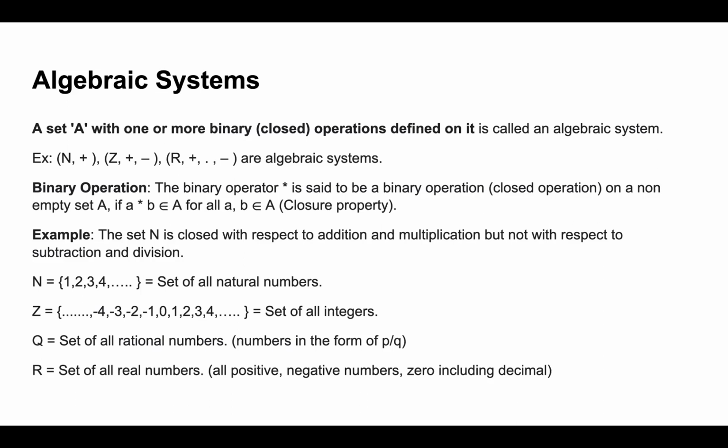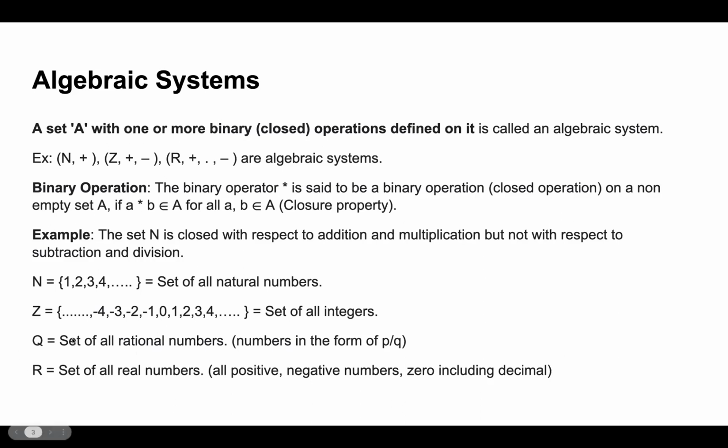The next example is Z with plus and minus. What is Z? Z is the set of all integers. It contains negative numbers and positive numbers also. So it starts from minus infinity up to -1, 0, and again positive integers 1, 2, 3, 4 up to infinity.